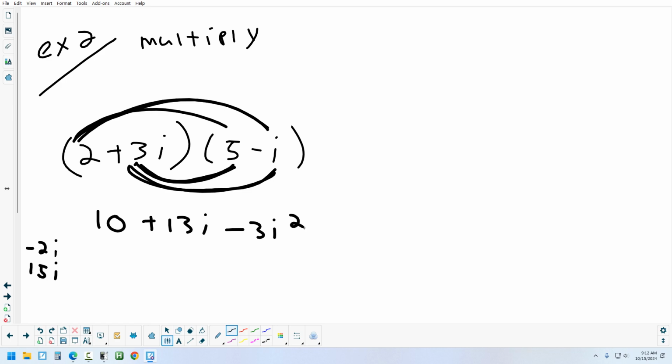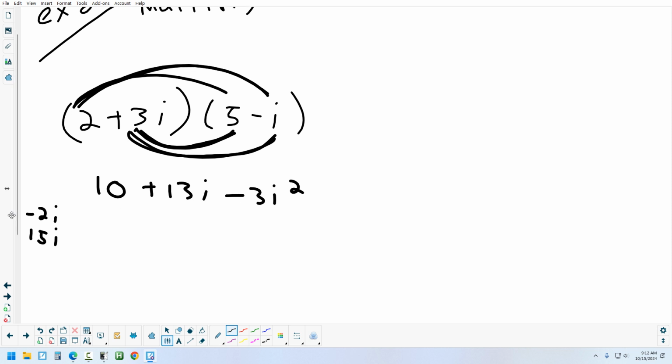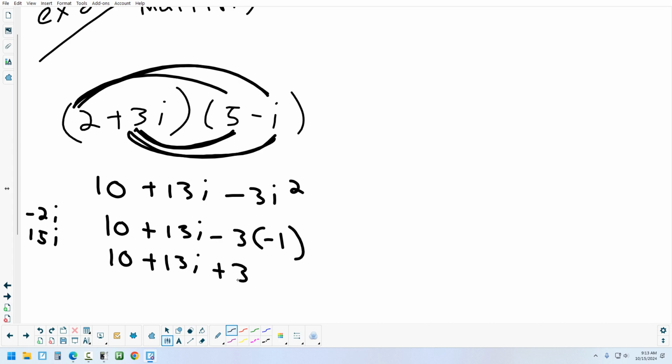Yep. Would you have to simplify the i squared? Yes, yes. If you leave i squared in there, that is not simplified. What did we say earlier i squared is? No, i squared is not... i is the square root of -1, so that's -1. And now we have 10 plus 13i. -3 times -1 is plus 3.